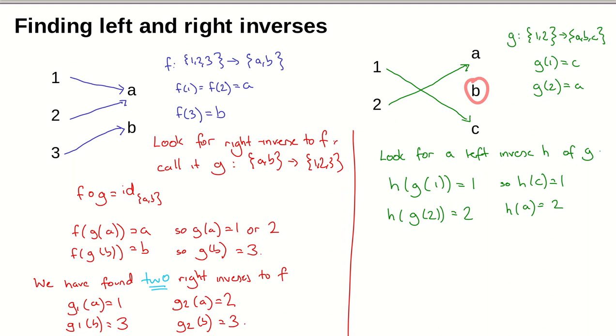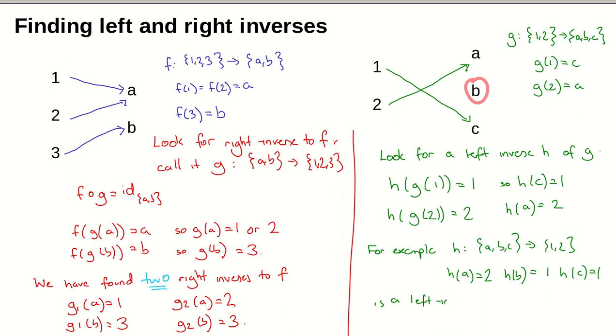So let's say, for example, the function h from {a, b, c} to {1, 2} defined by h of a equals 2, h of b, well, it's got to be something in 1 and 2, let's say 1, and h of c equals 1, is a left inverse to g.